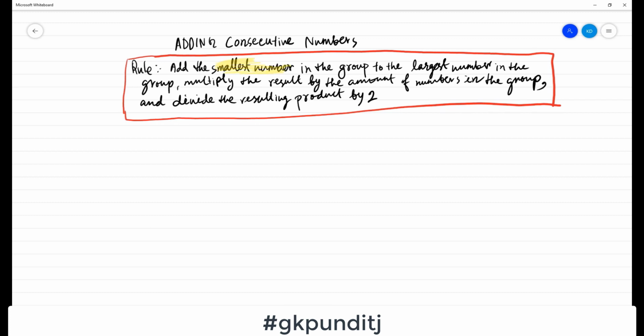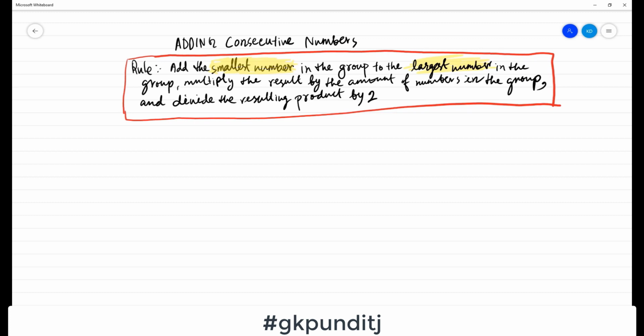Let's take an example and see what the meaning of this rule is. First of all, read carefully. The smallest number here is very important. I'm marking the smallest number and the largest number. Add the smallest number in the group to the largest number in the group.